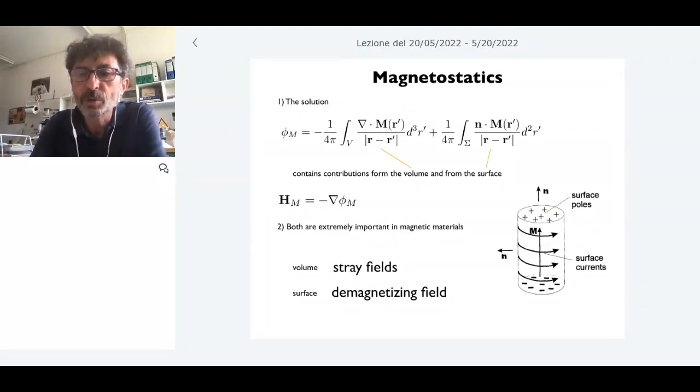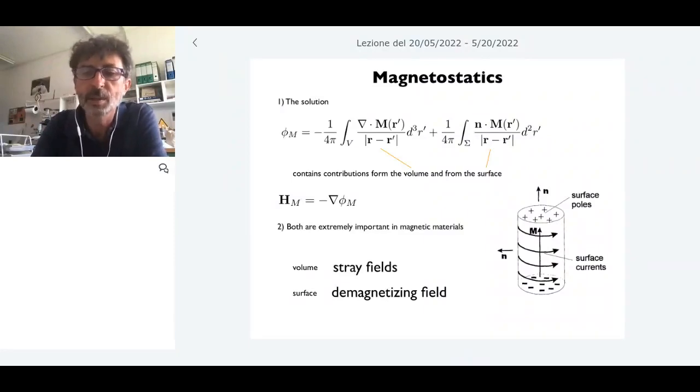Well, these two contributions in the books of magnetism are sometimes called the stray fields and the demagnetizing fields. So these are things to remember very well. The contribution from the volume, the fact that the divergence of the magnetization is non-zero inside the material, contributes to stray fields.